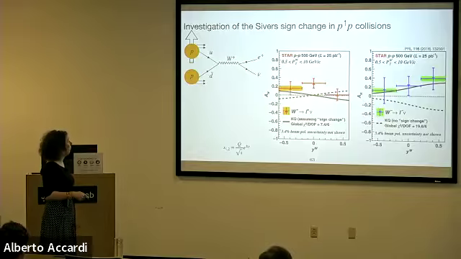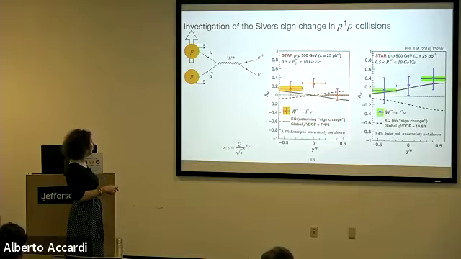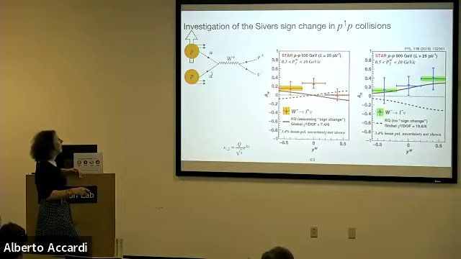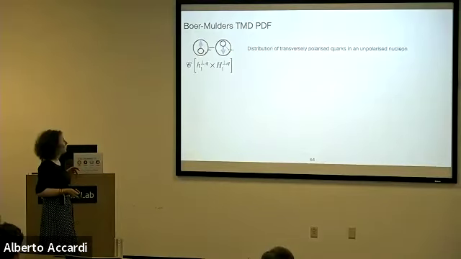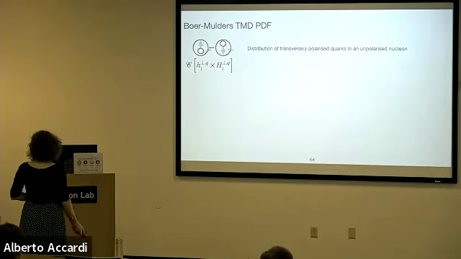And these data points are compared to models that do include sign change, which is a full line, and that do not include the sign change, which is a dotted line. And again, the data is compatible with the sign change. So that's really nice. Okay, so this is another exercise that we can do.